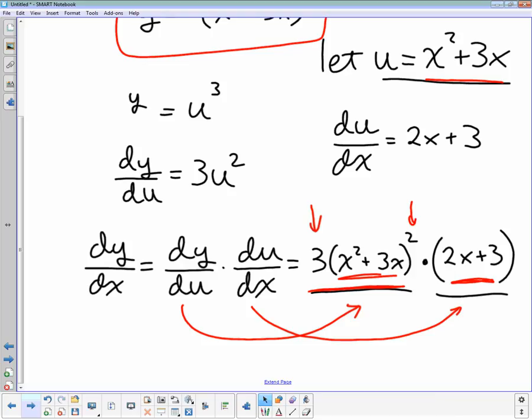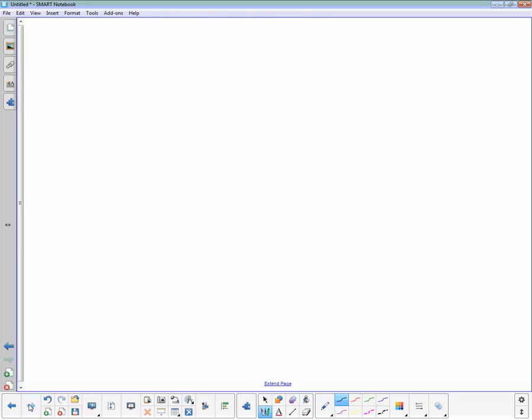So, let's try this. All right. So, the first thing I fool around with here is you have to look at this and say to yourself, what is the outermost wrapper?